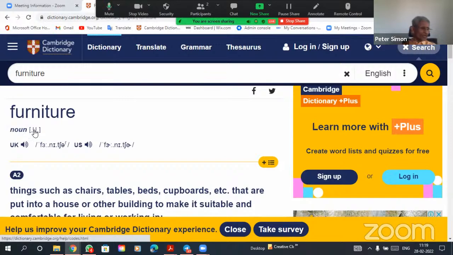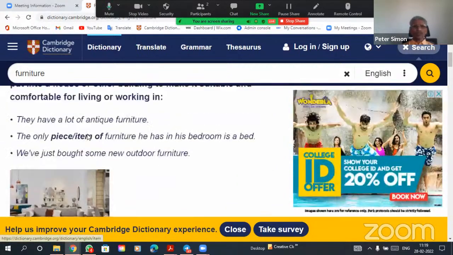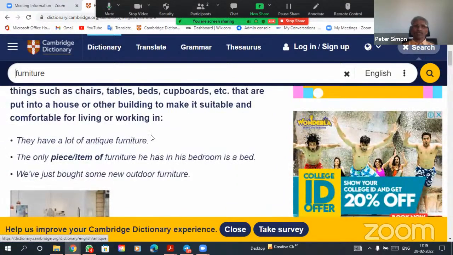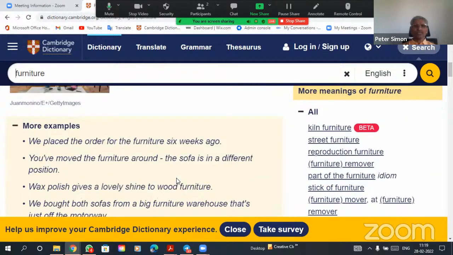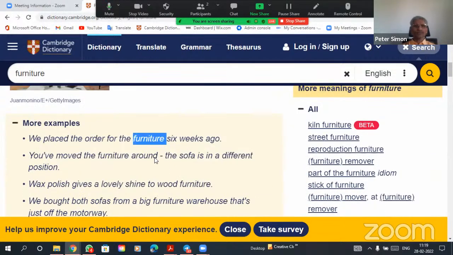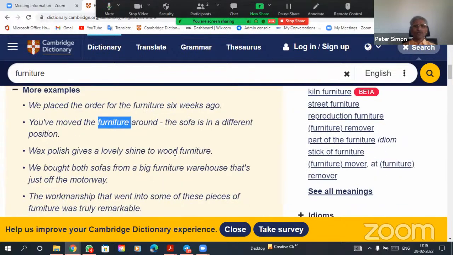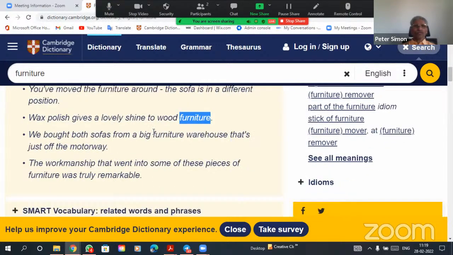Never ever use S with uncountable words. See, they have a lot of antique furniture. The only piece item of furniture, outdoor furniture. Where is the S? There is nothing called furnitures.